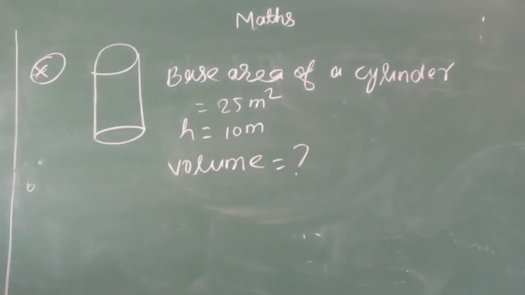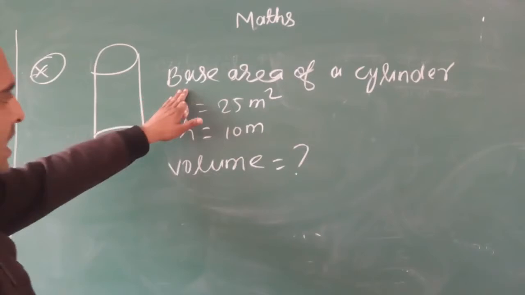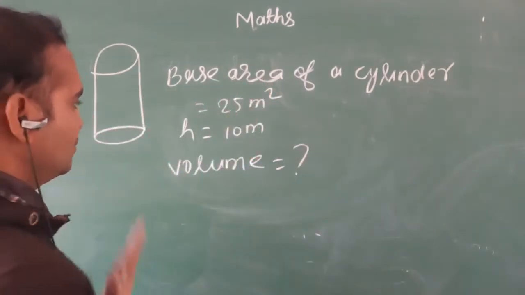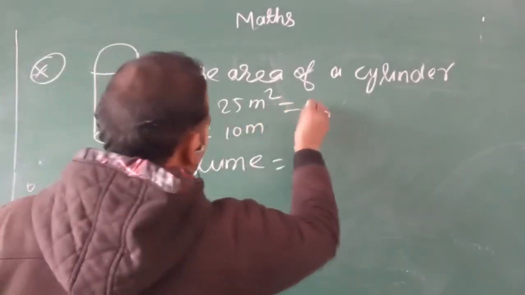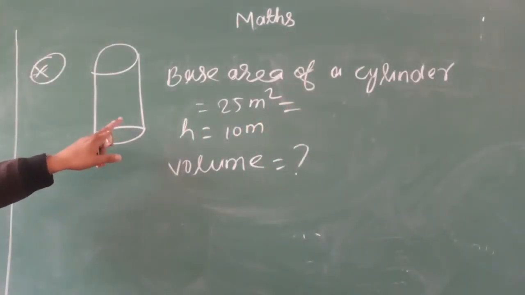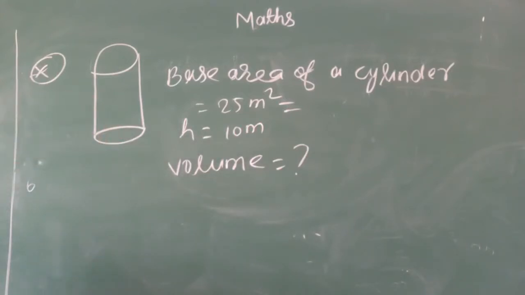We don't have to do anything more than the given thing. We have the base area of the cylinder is 25 meters square, and the base of a cylinder is circular, so the area is pi r square.